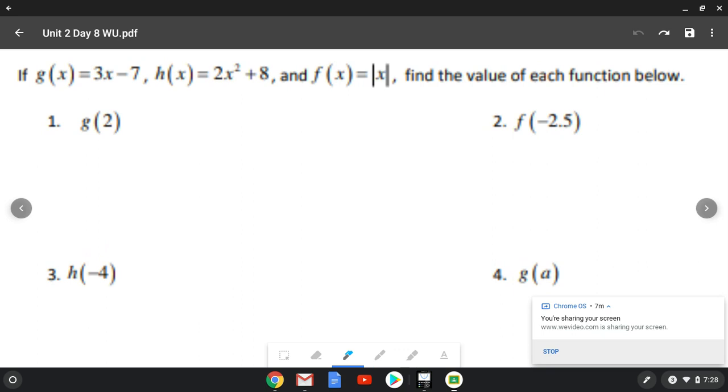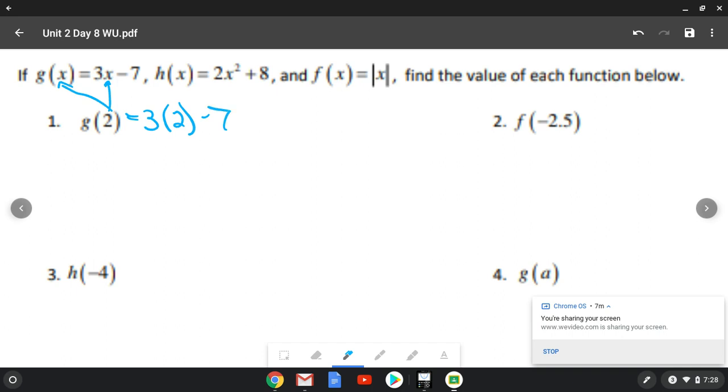So this g function, for number 1, we're going to use this equation right here. So g of 2 equals, we already know we're plugging in 2 for x, so that'd be 3 times 2, and then minus 7.